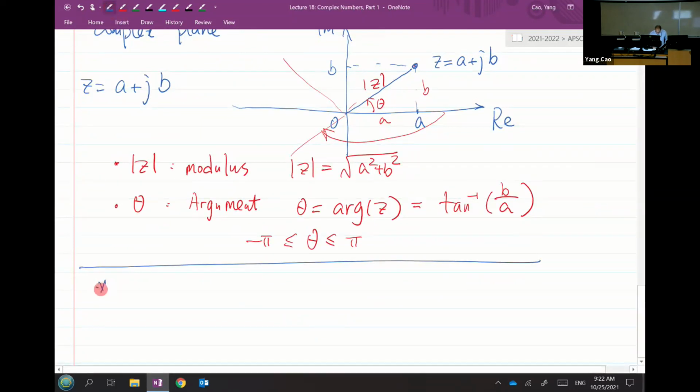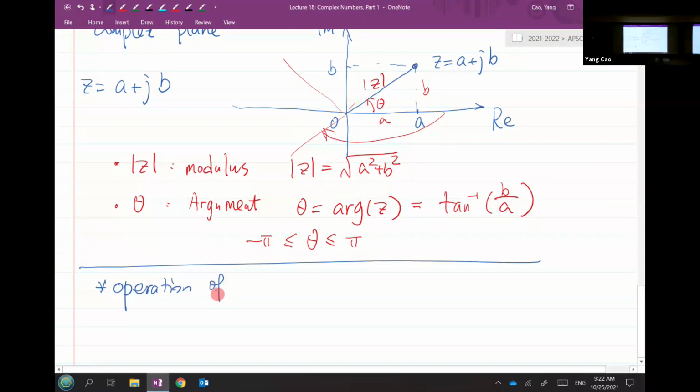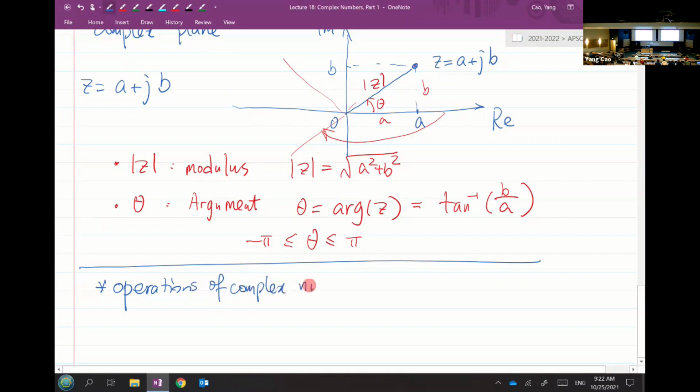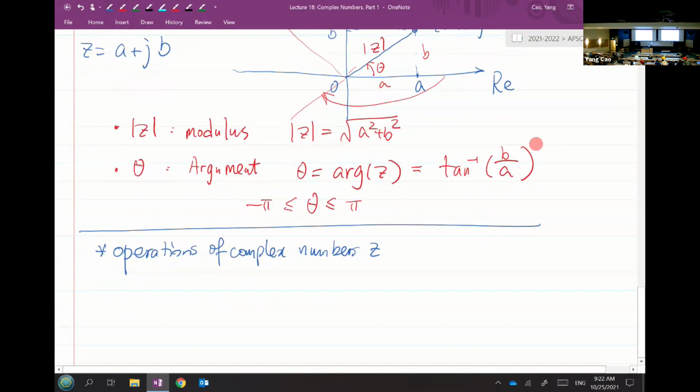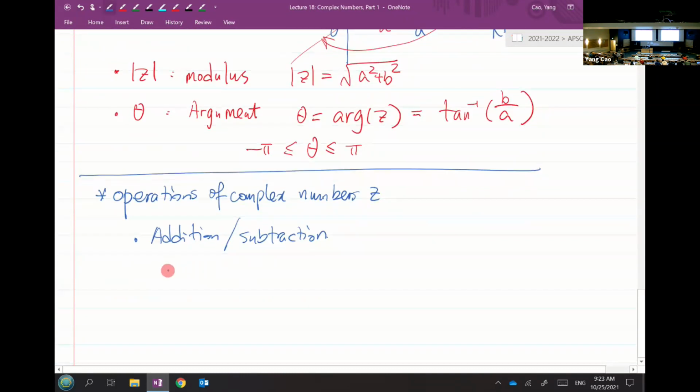Now next is, how do we operate on complex numbers? Let's look at some operations of complex numbers, starting with the easy ones: addition or subtraction. Suppose you have two complex numbers.